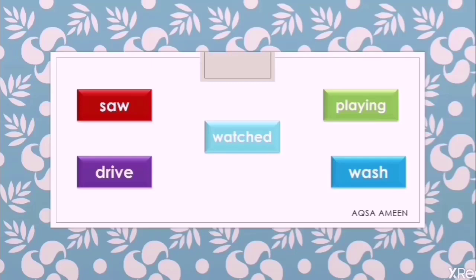We will use all the question words in our sentences, but before starting, I just want to tell you that it is not necessary that you use all the question words in one sentence. If you are using 2 or 3 question words in one sentence, it's enough. So let's start.